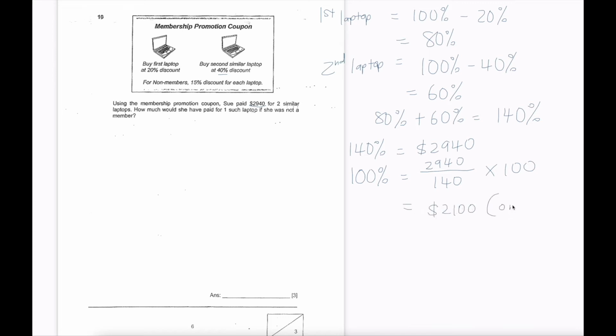This is the original price. How much would she have paid for one laptop if she was not a member? Don't forget, if you're not a member, you still get 15% off, so you are going to pay 85%.